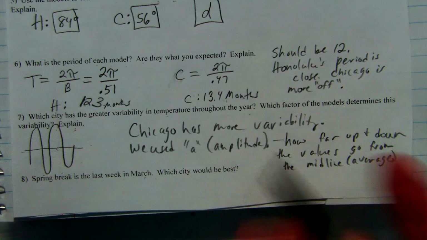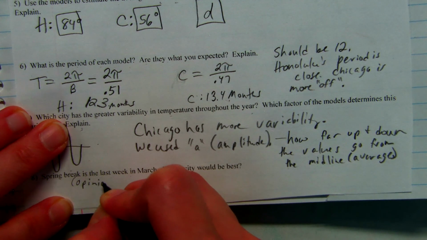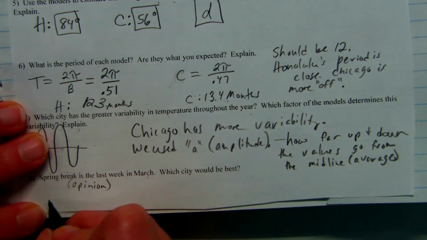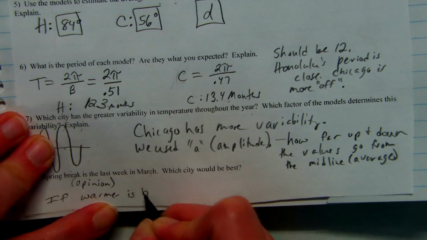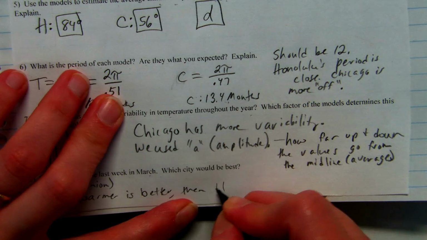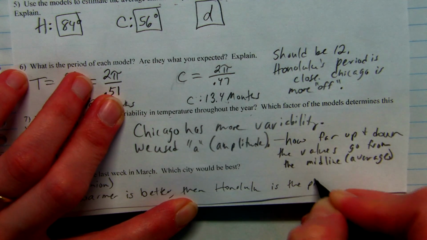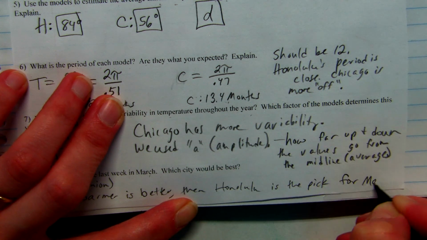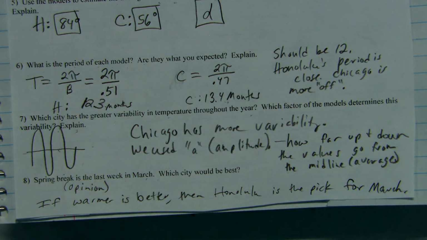So I would put a little qualifier in here that this is basically going to be an opinion the way that it's worded. But we say if warmer is better, then Honolulu is the pick for March. If they are going in July and you're just looking at temperature, there isn't that much difference. But in March, for spring break, there is a big difference. And then whatever you're planning to do on spring break would probably influence that more.